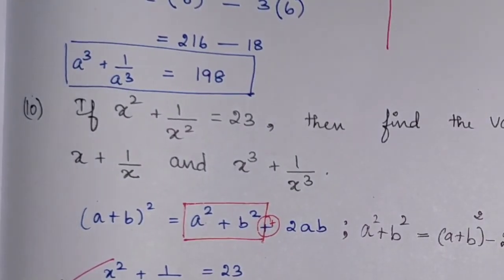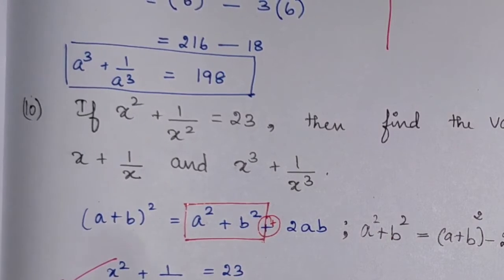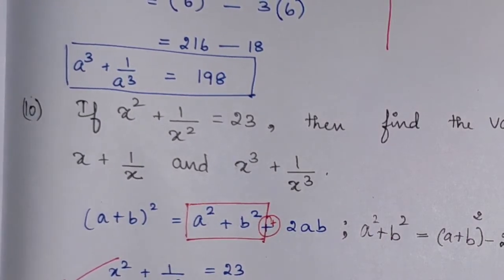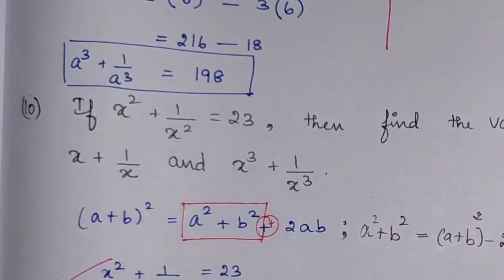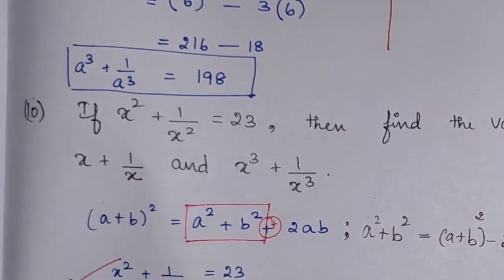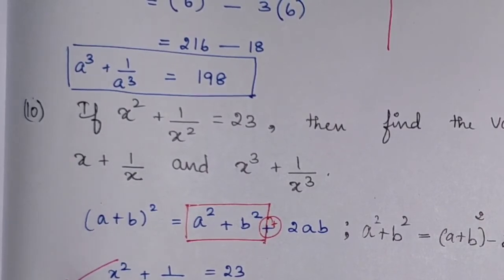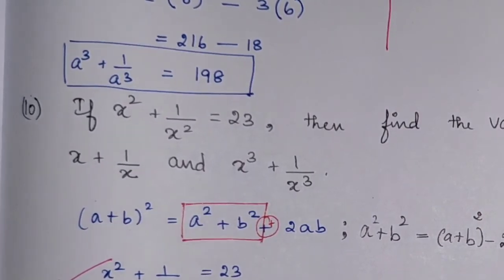So x square plus 1 by x square is equal to x plus 1 by x the whole square. I'm just transforming this like this, substituting the a value as x and b value as 1 by x.